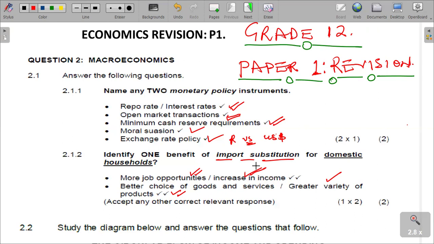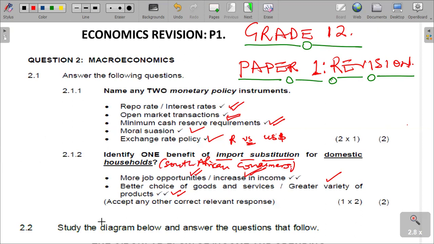So to the household, we are talking about the domestic consumers. In this case, I want you to understand that we are referring to South African consumers. These are South African consumers that are being referred to, as to say they are domestic households.